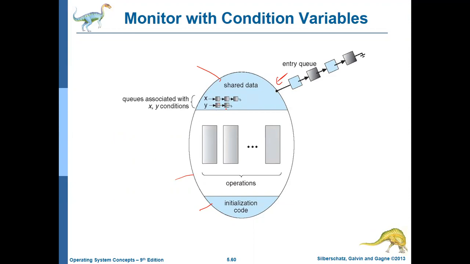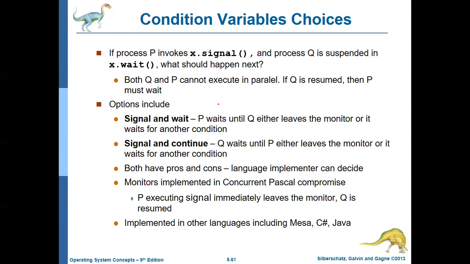Now suppose that the X dot signal operation was invoked by a process P, and there exists a suspended process Q that is also associated with the condition variable X. Clearly, if the suspended process Q is allowed to resume its execution, then the signaling process P that initially came must wait.